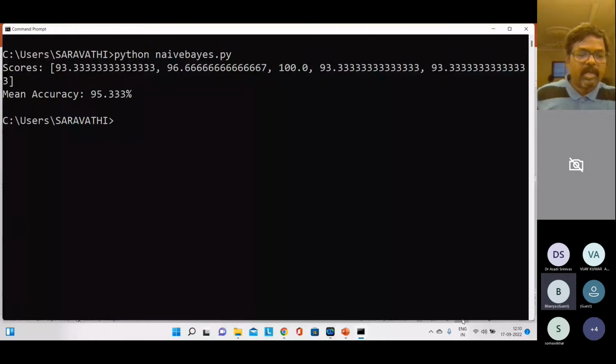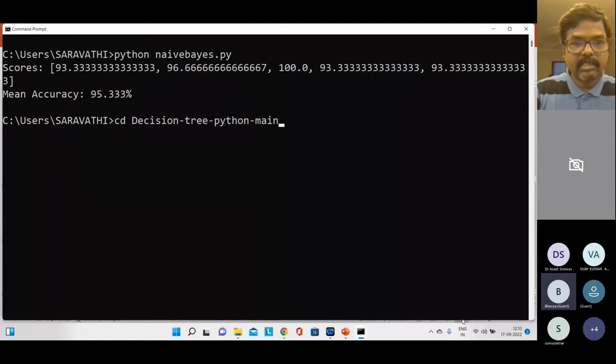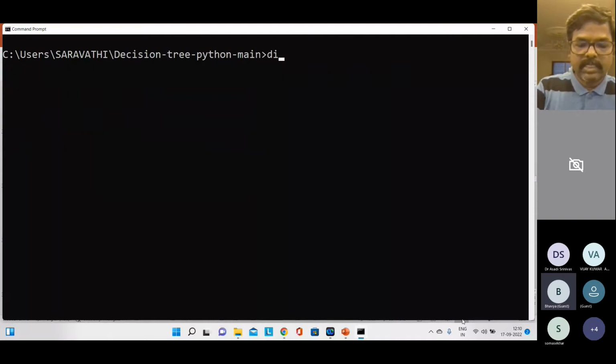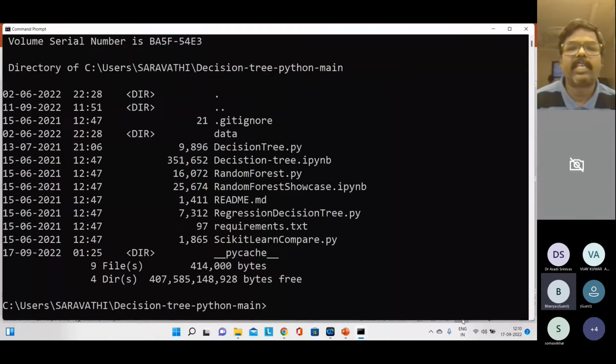So now I am executing decision tree. I kept it in one folder. CD decision tree. So here you can see decision tree.py, decision tree random forest, and scikit-learn compare.py, regression decision tree.